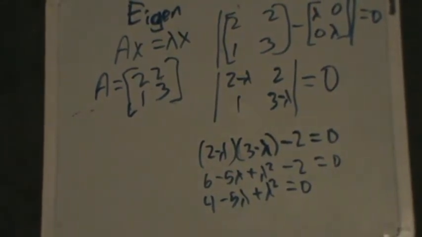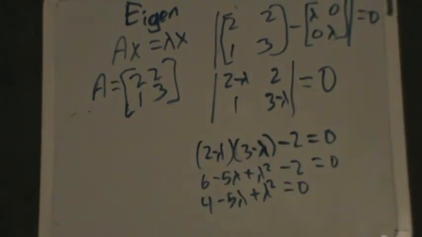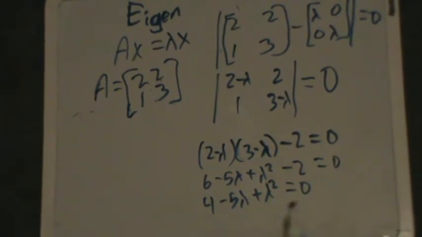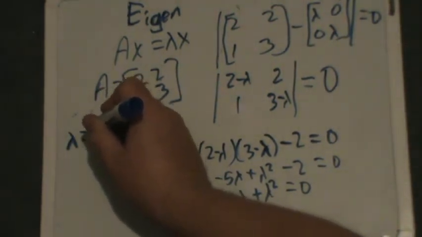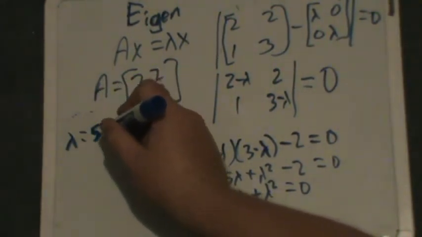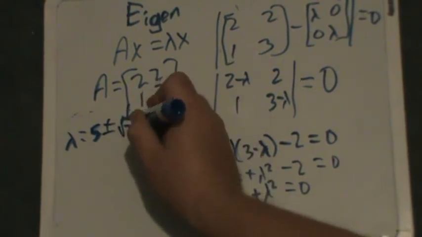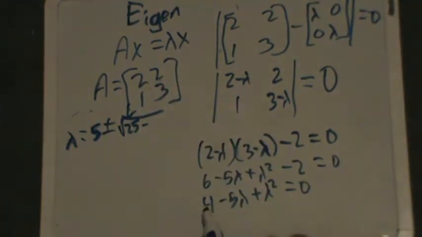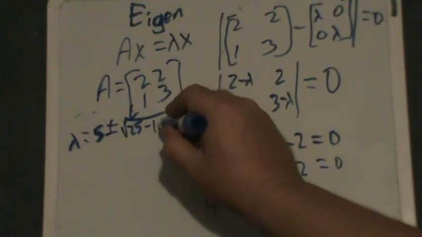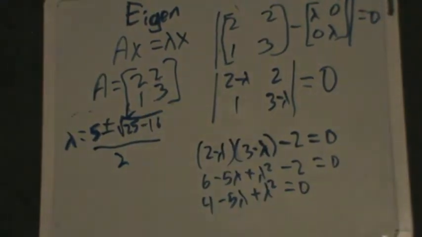Again, quadratic formula. A 2 by 2 matrix gives you a quadratic, 3 by 3 you get a cubic, and so forth. So in any case, we take this and stick it in our formula, so we get that lambda has to be equal to minus b, which is 5, plus or minus the square root of b squared, which is 25, minus 4ac, which is 4 times 4 times 1, which is 16, all over 2a, which gives me 2.